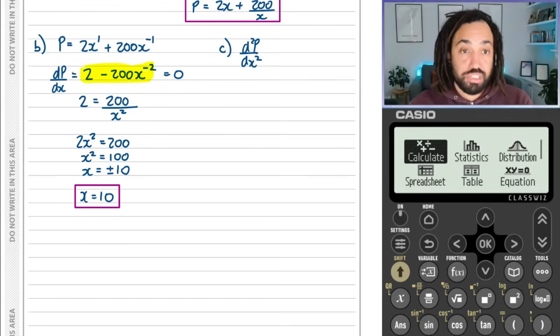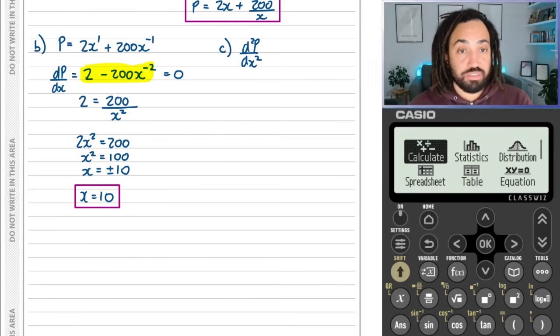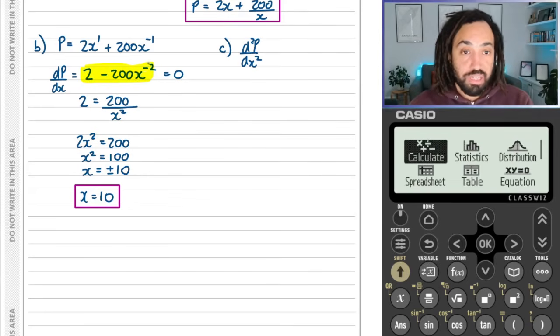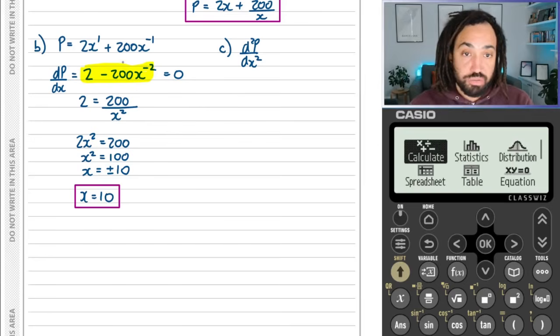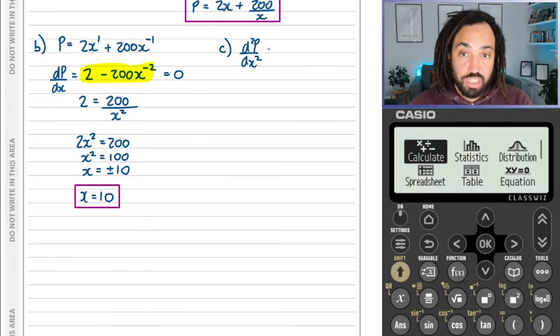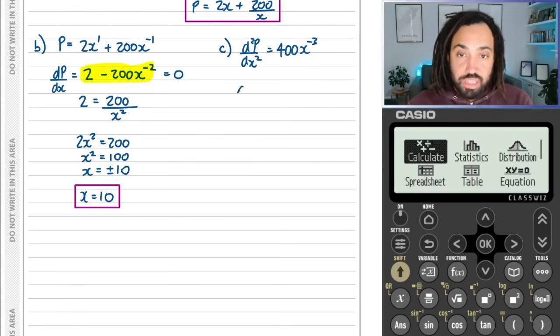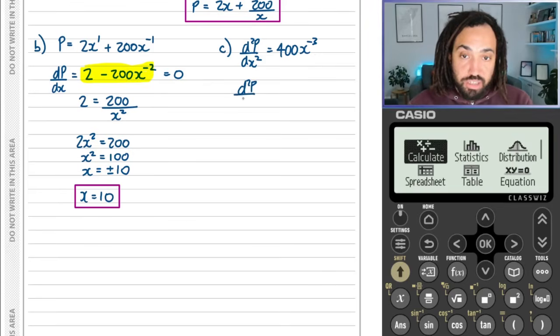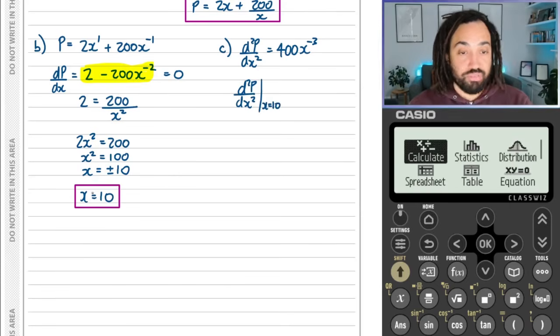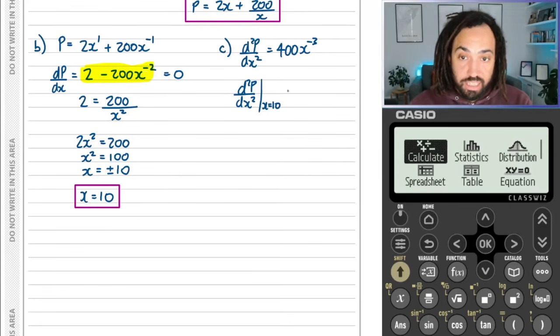So we need to differentiate that. So 2 is constant, and constant terms differentiate to 0. Here, if we want to differentiate this, the minus 2 is going to come down times by the minus 200 to get 400, and then we're going to drop the power down by 1. Now we are interested in the second derivative at the point that we're investigating, which is when x is equal to 10.